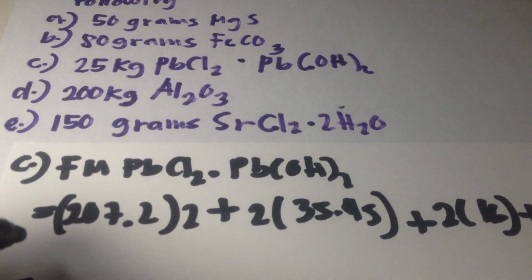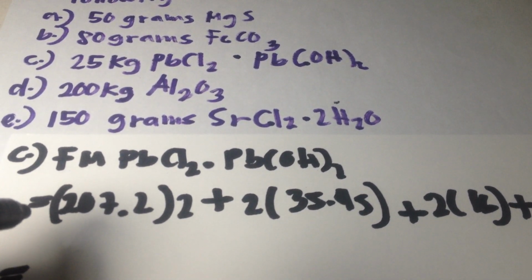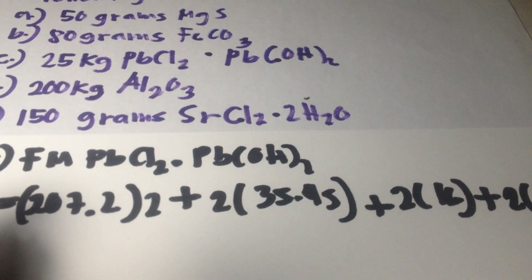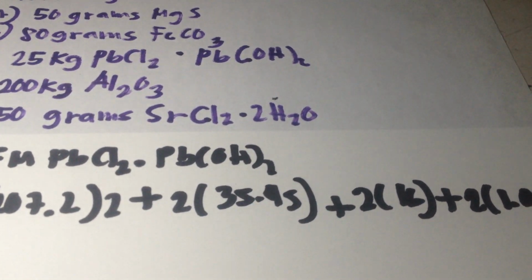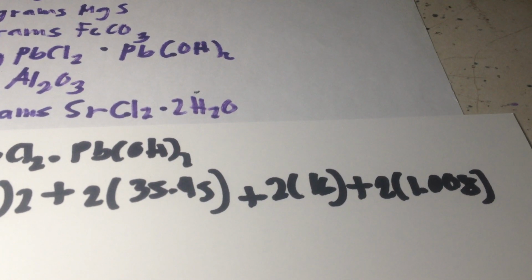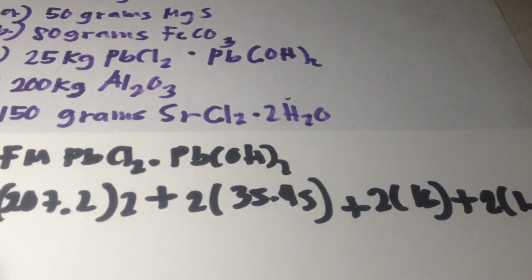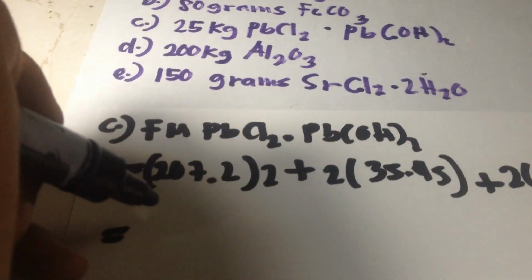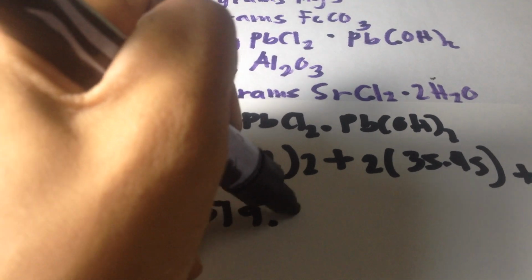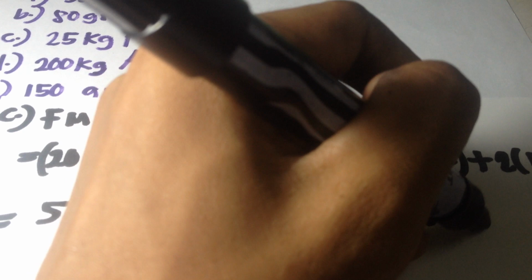So let's begin. That is equal to 519.316 grams per mole of lead(II) chloride lead(II) hydroxide.